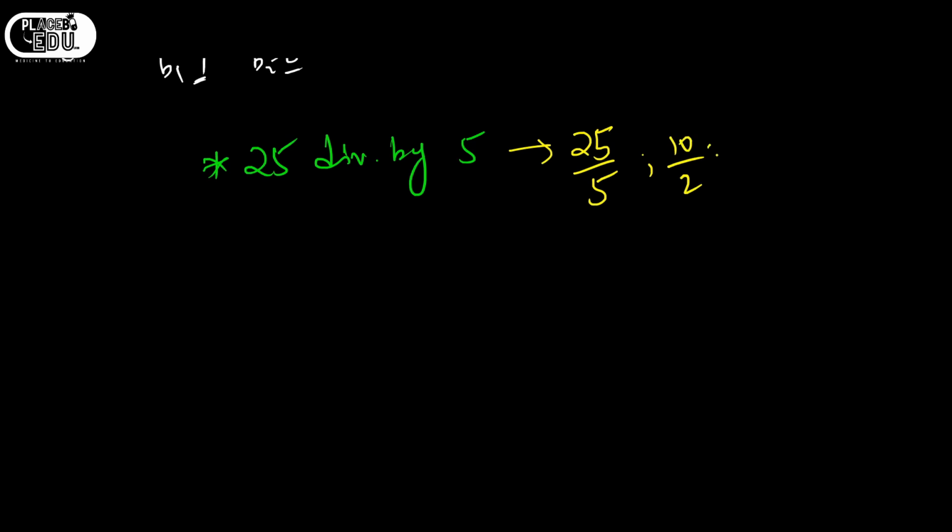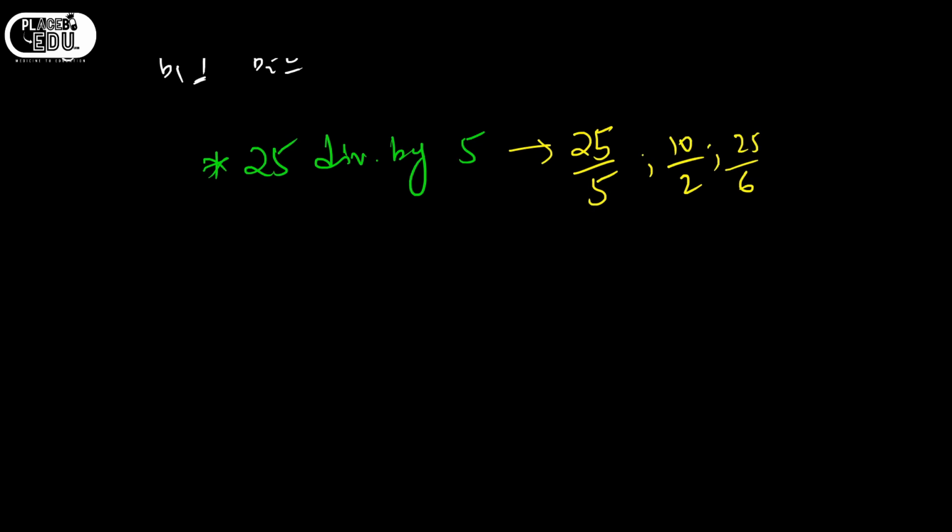Coming to the next example, 25 divided by 5. Divisions can be represented as fractions. So 25 divided by 5 can be written as 25 by 5. Okay, similarly we can write 10 by 2, 25 by 6, all those things.